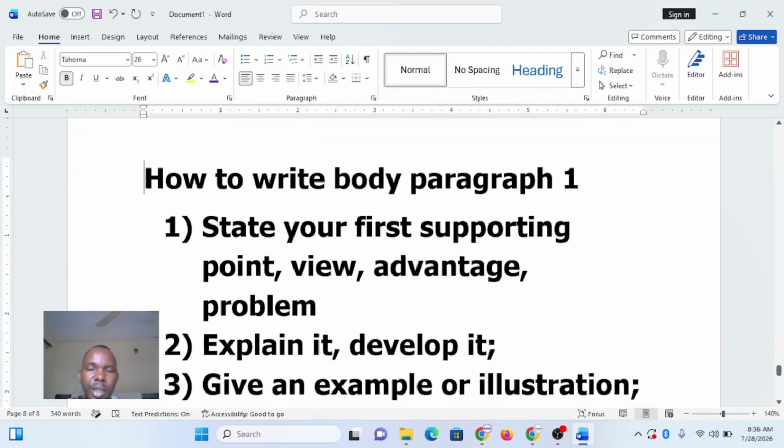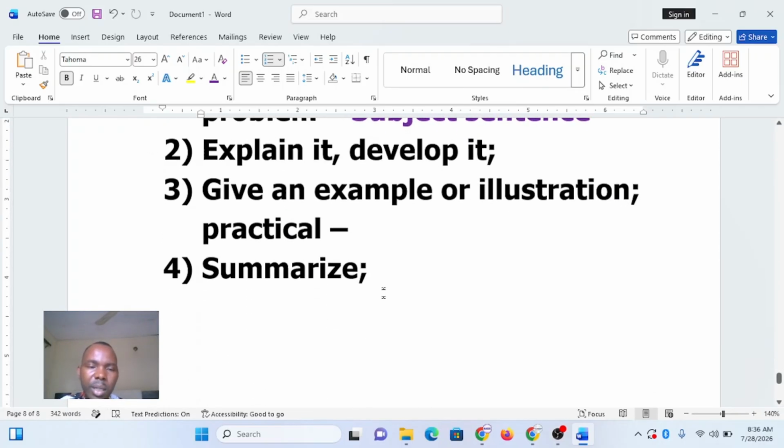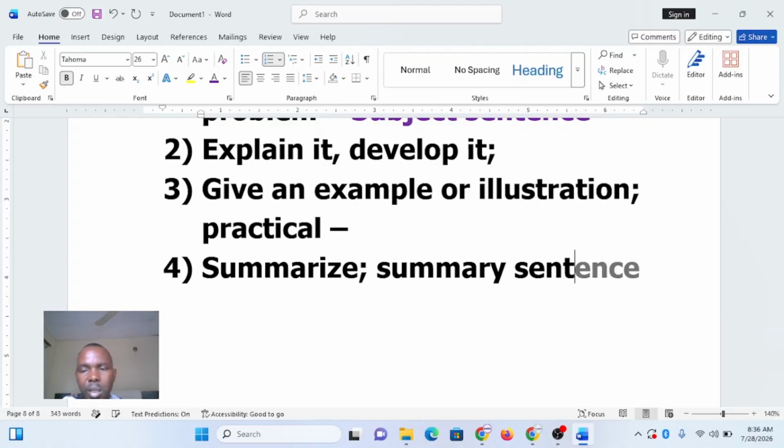So the first thing, state your first point. This your first point, they call it subject sentence. That's your first supporting point, as you stated, they call it subject sentence. Here they call it summary sentence.